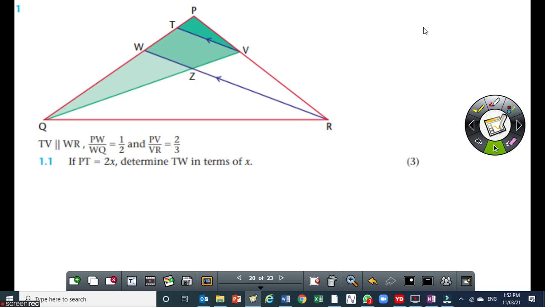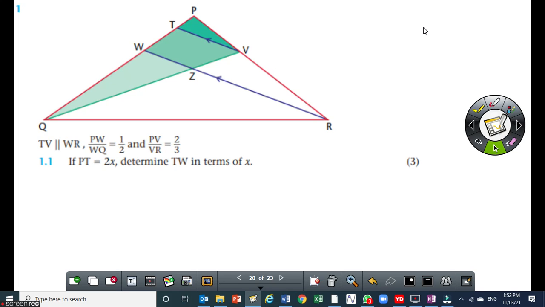Okay? So if you look at PW, it's written here as a half, that is PW over WQ. Then, if you look at it carefully, I'm just hoping that this question won't require similar triangles.